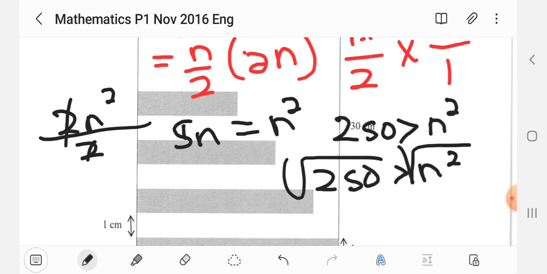We square root it, and the square root of that is that n equals 15.8. So that is 5 root 10.